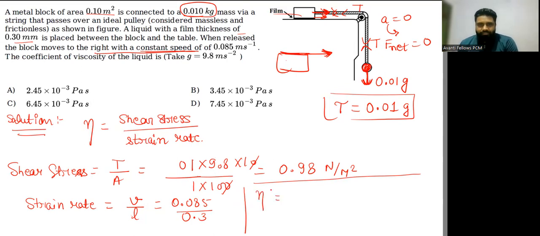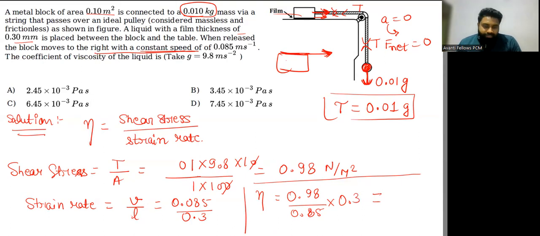You will calculate eta as 0.98 divided by 0.85, multiplied by 0.3, because this will go upside. So I have taken it as it is. Now, let me just do the calculation for you. It is 0.98 multiplied by 0.3 divided by 0.85.